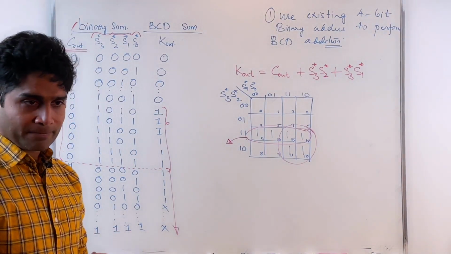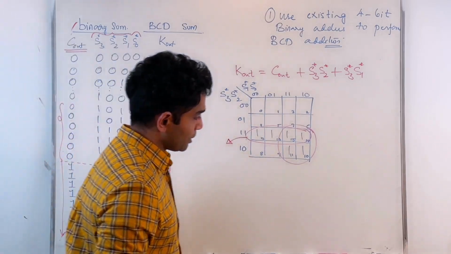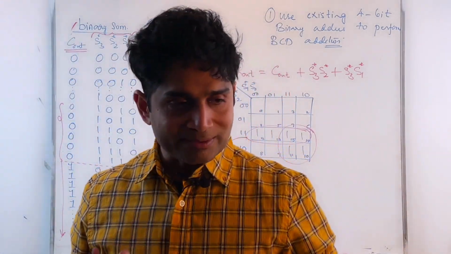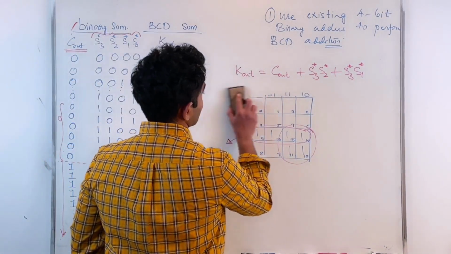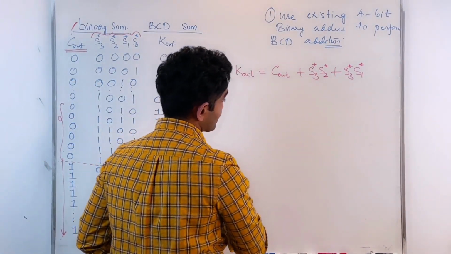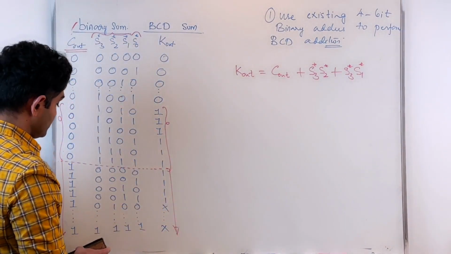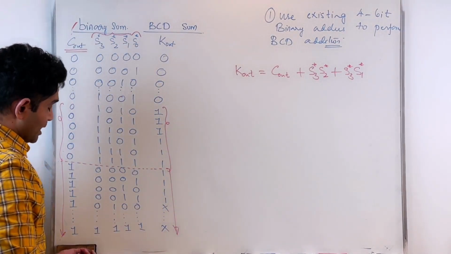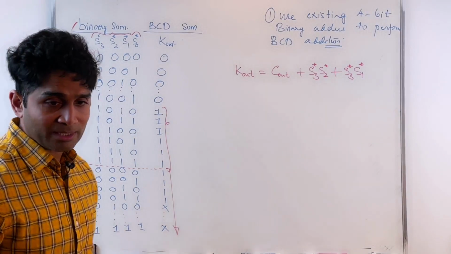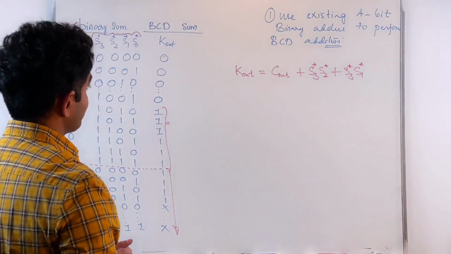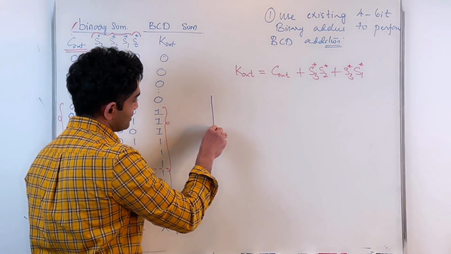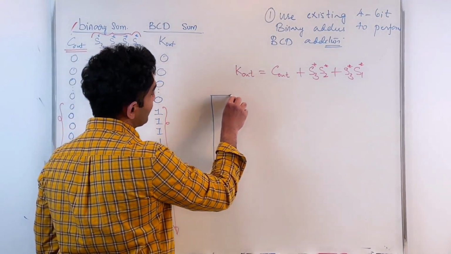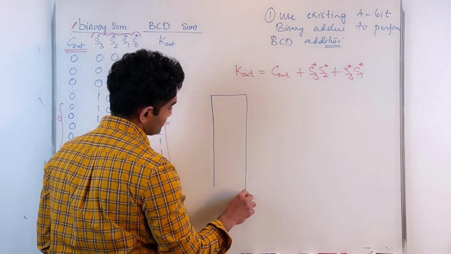All right, let's get back to our design now. Now we know exactly what K out should look like in terms of S3 star, S2 star, S1 star, S0 star, and C out. And now let's actually finish the entire circuit design. First I'm trying to add the two binary coded decimal values.